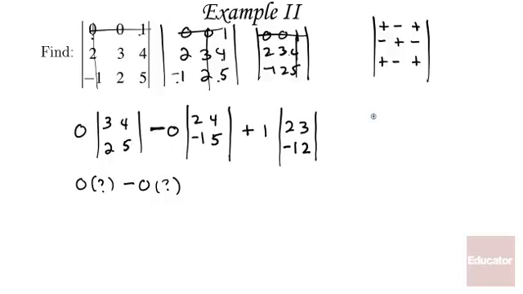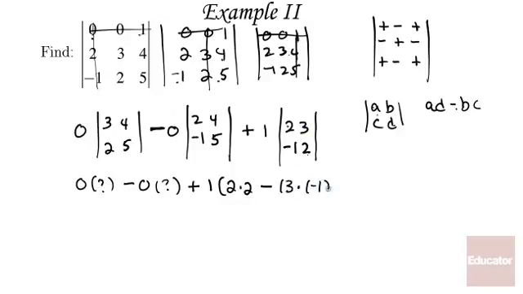Now, I need to find this determinant, and remember that the way I do it is, given that these are the positions A, B, C, D, I am going to find the product of A and D, and from that I will subtract the product of B and C. So, this is plus 1 times 2 times 2 minus 3 times negative 1.